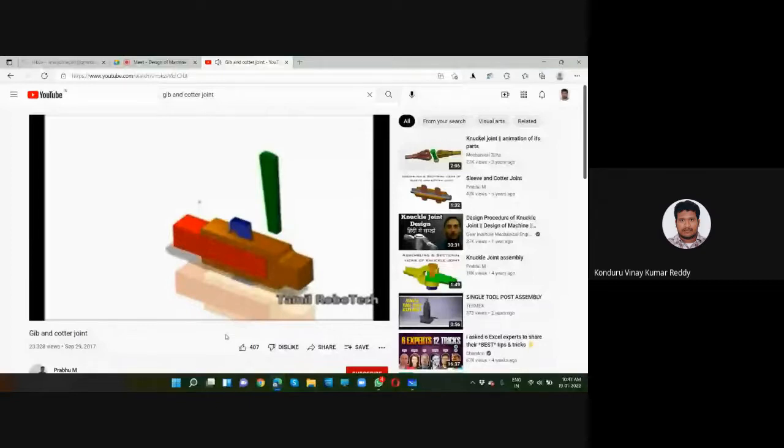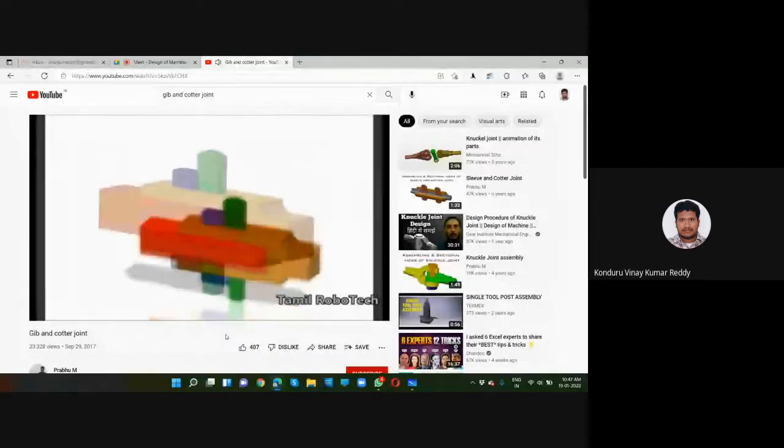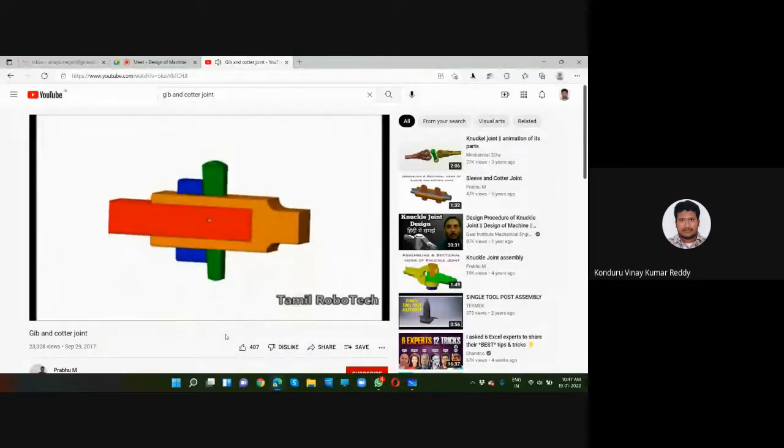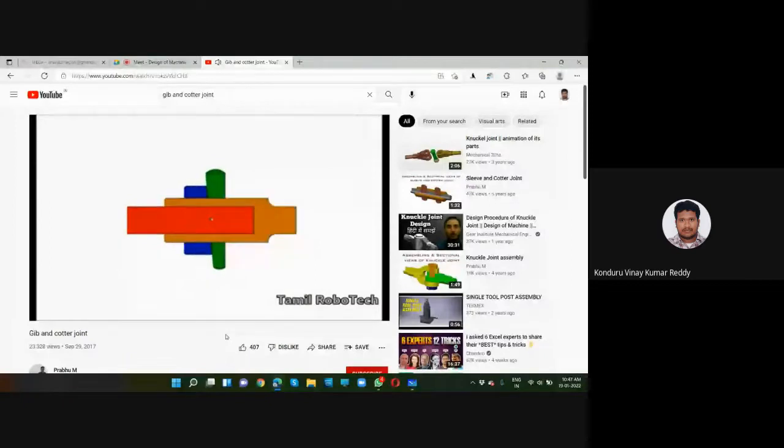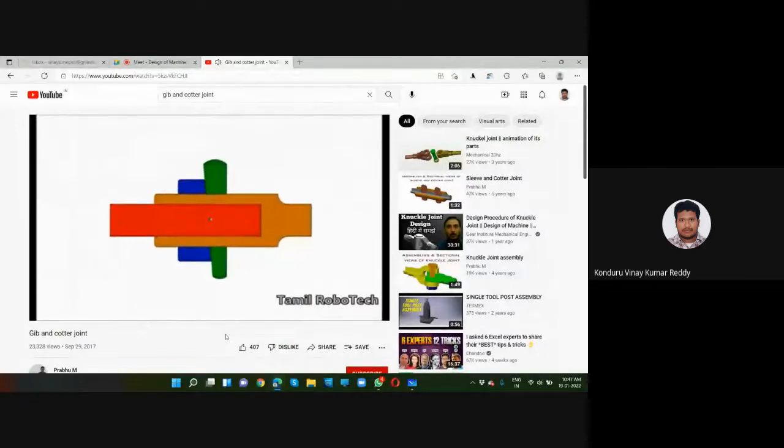This is how. Then the cotter pin will be inserted. This is our Gib and Cotter joint in the front view.